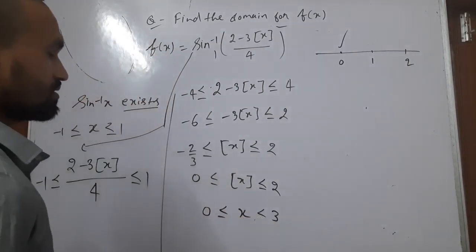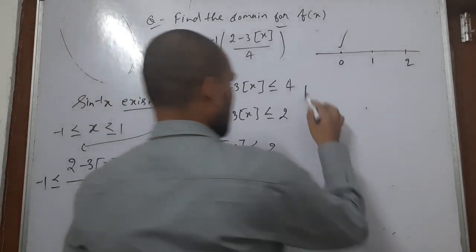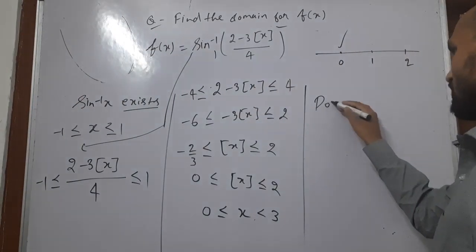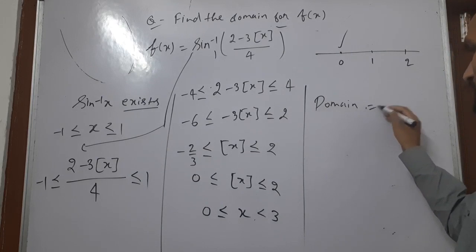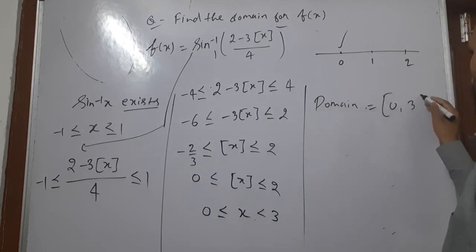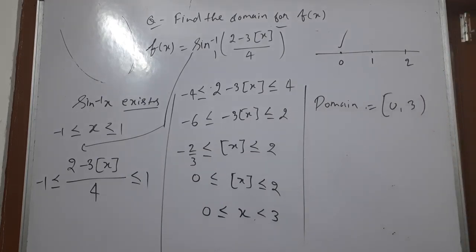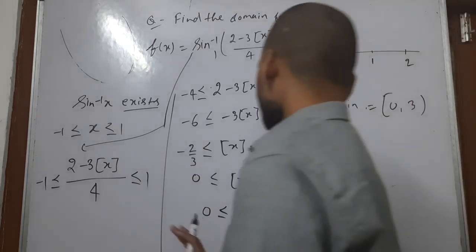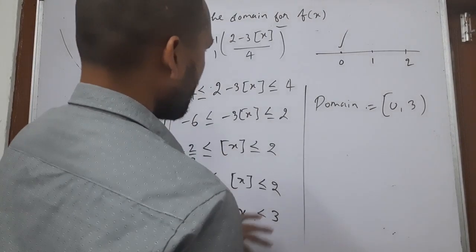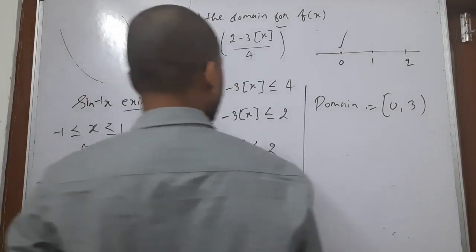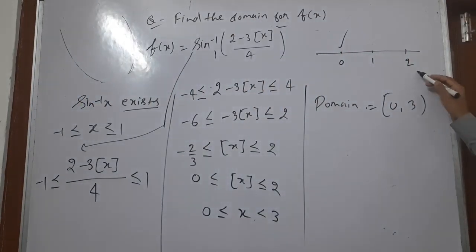Okay students, so the domain is the closed-open interval 0 to 3. Thus we have solved this question for the domain. Here we have taken 3 because all values before 3 will give greatest integer 2.